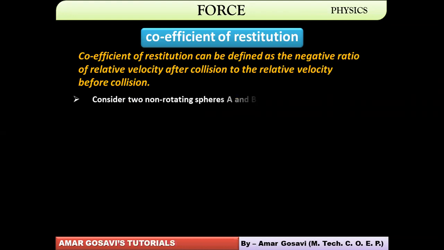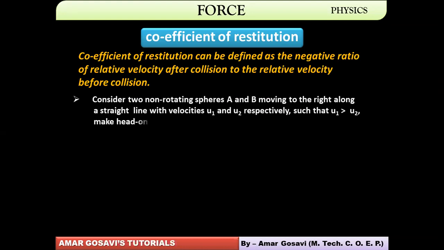Then we considered two non-rotating spheres A and B of masses m1 and m2, moving with initial velocities u1 and u2 respectively, such that u1 was greater than u2, and the collision was bound to happen.